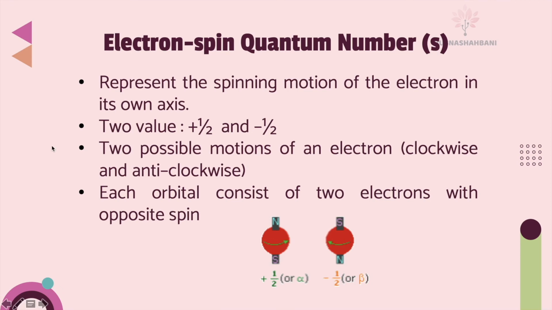The last one, the electron spin quantum number s, represents the spinning motion of the electron on its own axis. It has two values, positive half and negative half, two possible motions of an electron, clockwise and anti-clockwise.